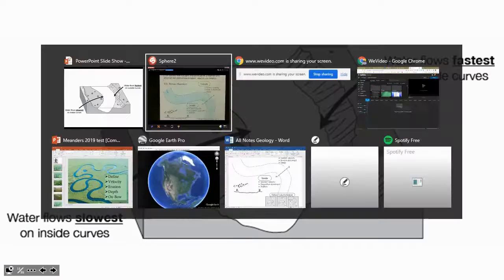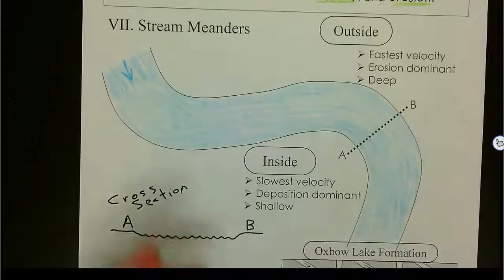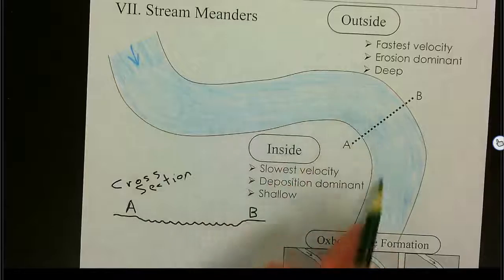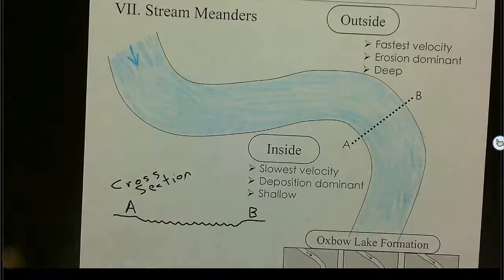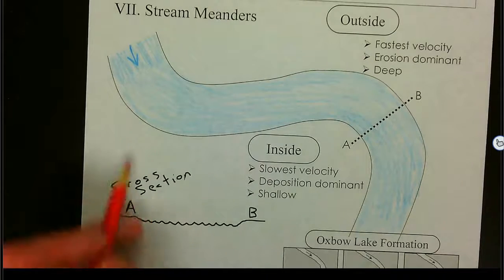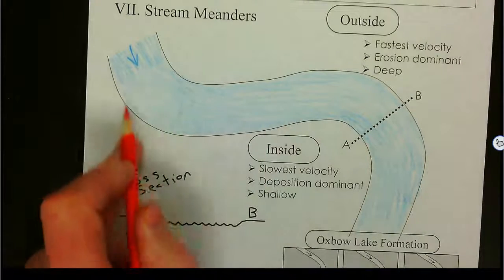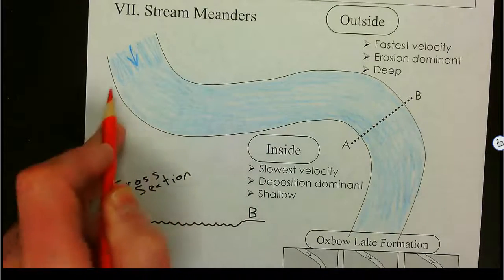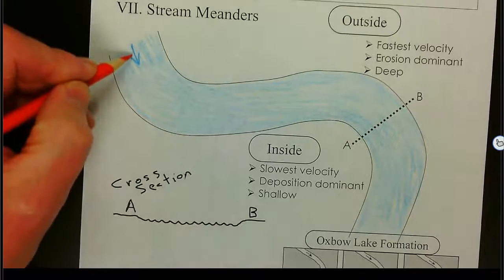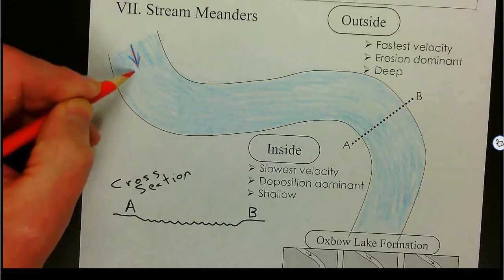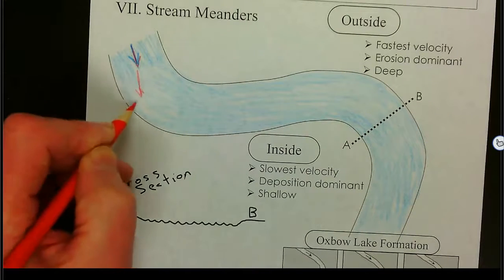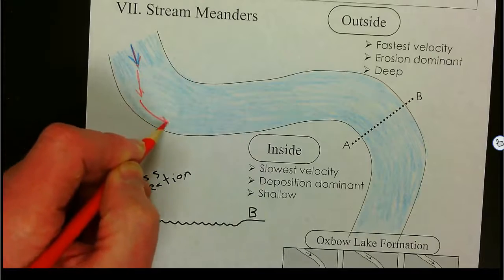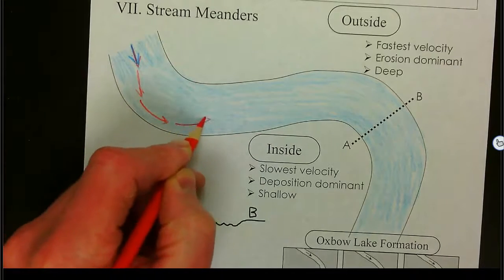So if we take a look at our notes again, we see that we have our stream meander here. There's the water flowing this way. The fastest water is always going to be around the outside of the meander or outside of the curve. So here's a meander or curve. Here's the outside of the curve. So if I draw a line that represents the fastest water, that fastest water is going to happen on the outside of the curve.